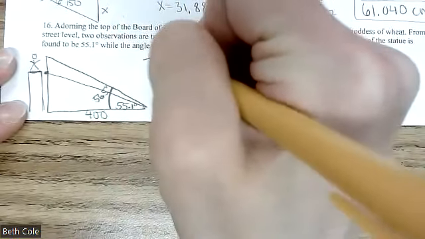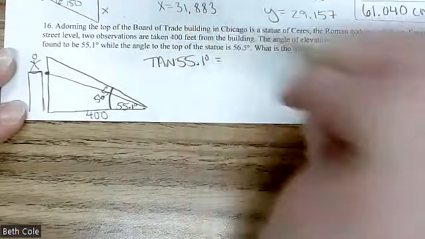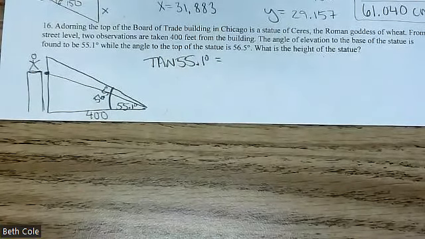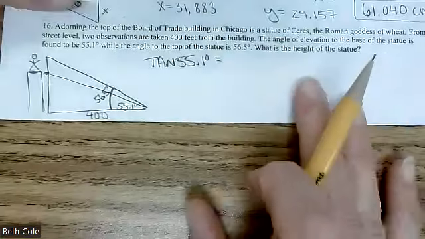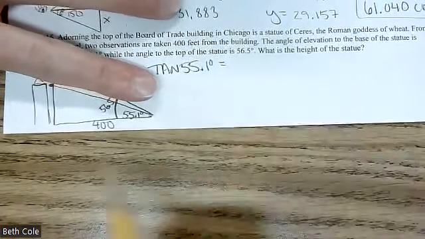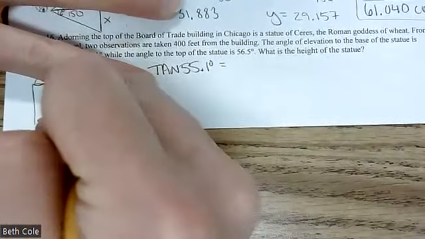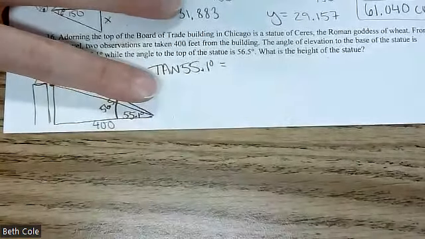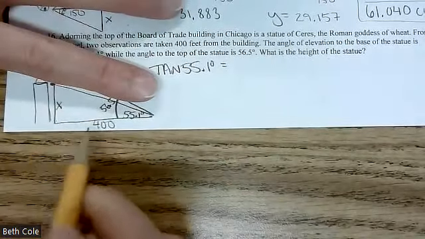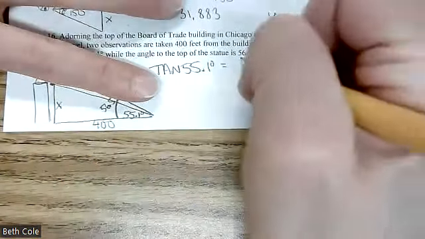Tangent of 55.1. We need some variables in here. We're looking just at the smaller triangle. Let's call this X. I usually just go with X and Y. So X over 400.